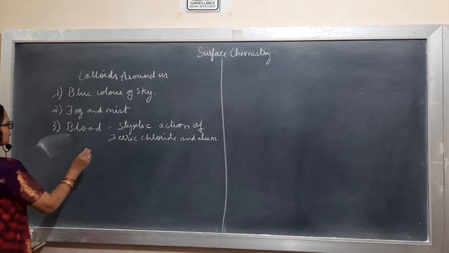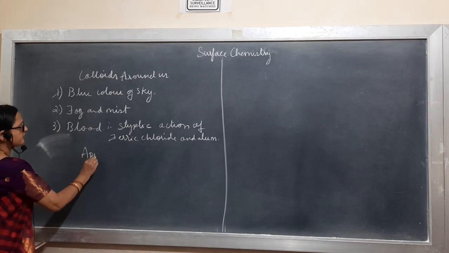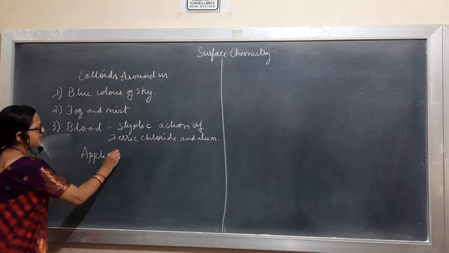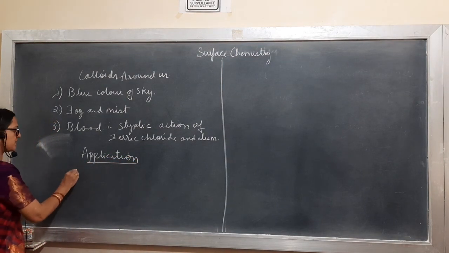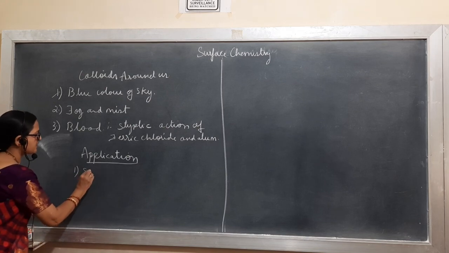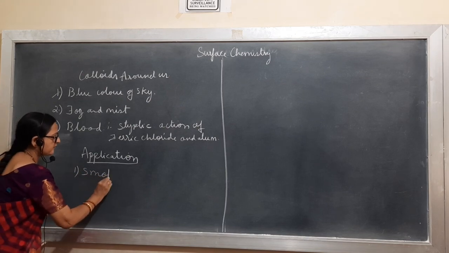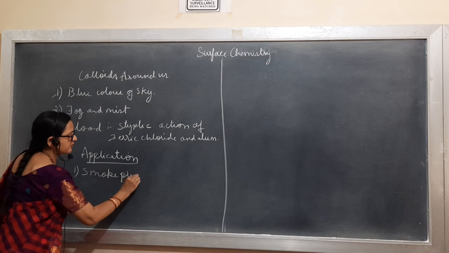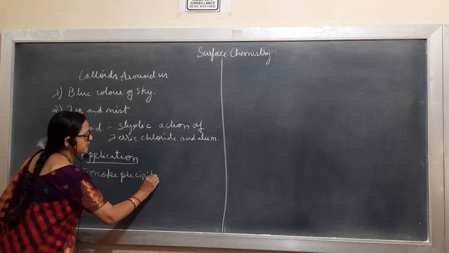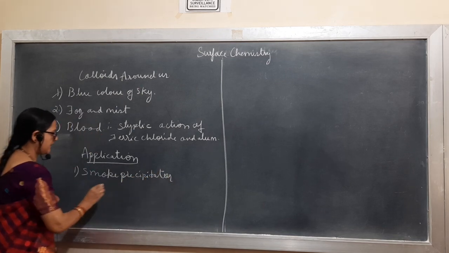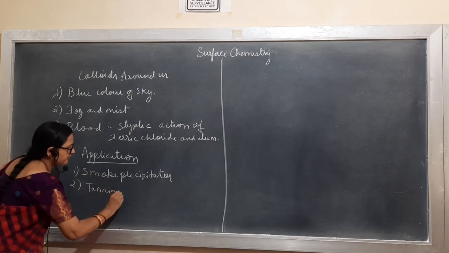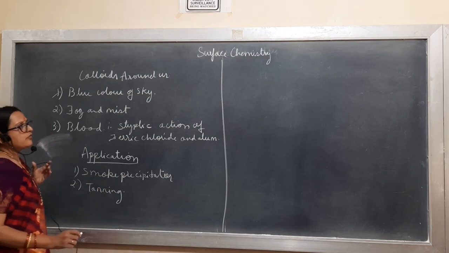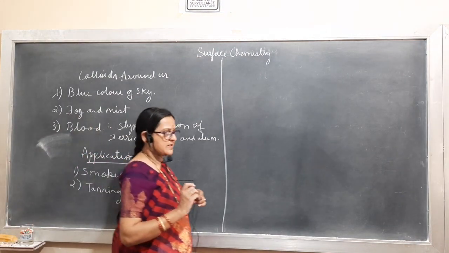After this, we shall move on to the applications. In applications, we are going to study two things. One is smoke precipitation, where an apparatus is inserted in the chimney.